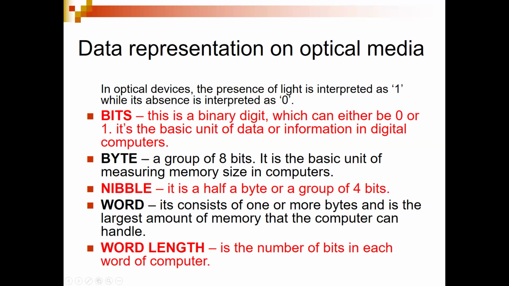A word consists of 1 or more bytes and is the largest amount of memory that the computer can be able to handle. Or in other words, instead of using the word memory in the definition there, we can also say it's the largest amount of bits that the computer can be able to handle at a given time.